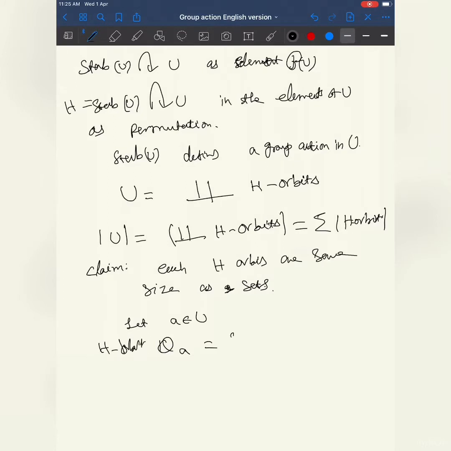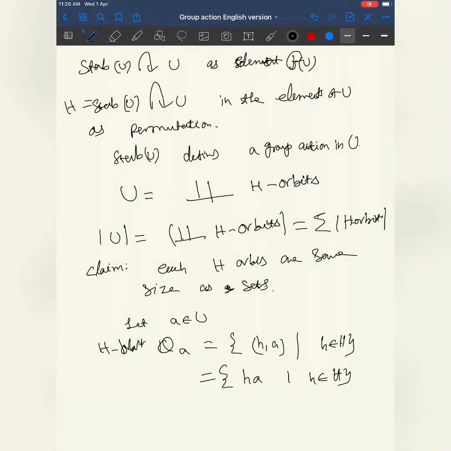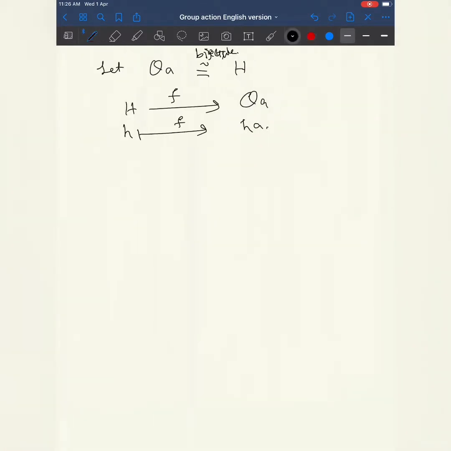It is ha such that h belongs to H. In our action, this is ha such that h belongs to H. Every element looks like this. Now I am saying that this orbit O_a is bijective with H. How? Let's define a map f from O_a to H, with h going to ha. This is how it looks.